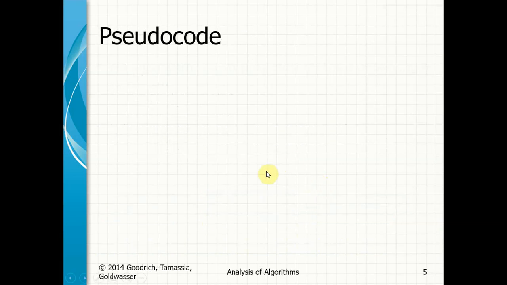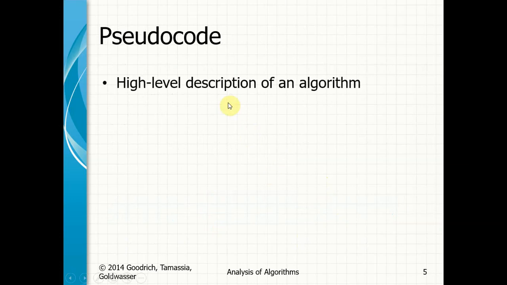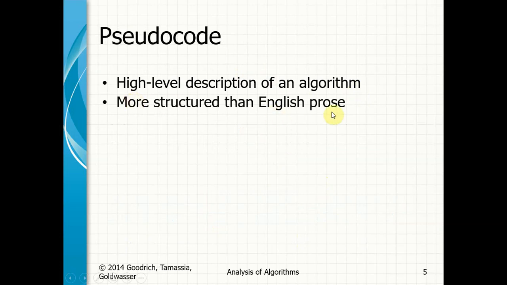Another idea is called pseudocode. It is a high-level description of an algorithm. It is more structured than English prose, therefore it's unlike ordinary English or language. You may find some pattern or structure.